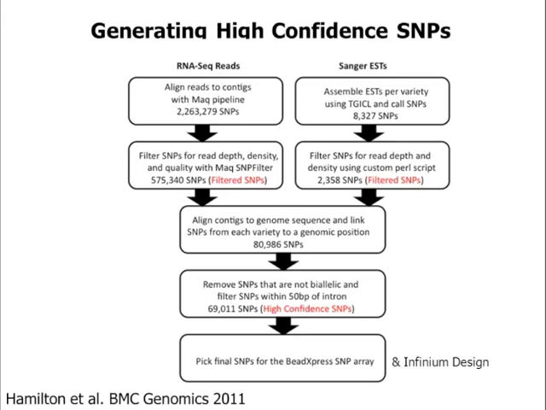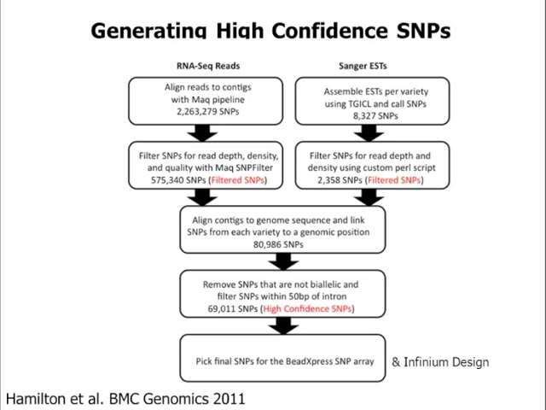Okay, so for the remote people, this is the slide titled Generating High Confidence SNPs. After you do the filtering just on sequence quality and coverage, you're left with about 81,000 SNPs. But to make an Infinium SNP, it needs to be biallelic. You don't want it to be anywhere near the intron, and you also can't have too many SNPs in that 50 base pair window.